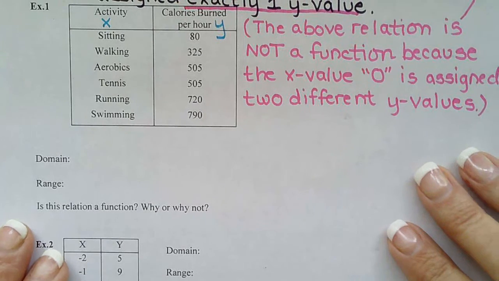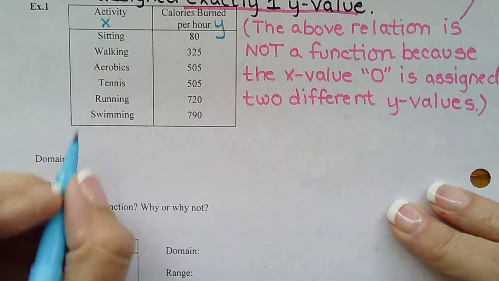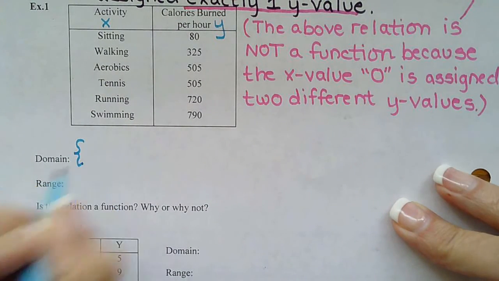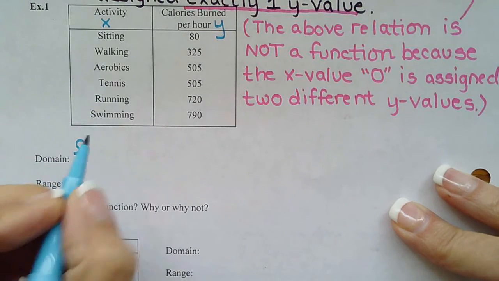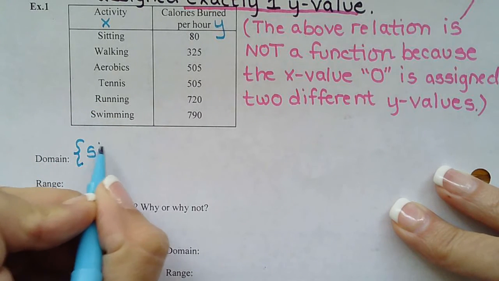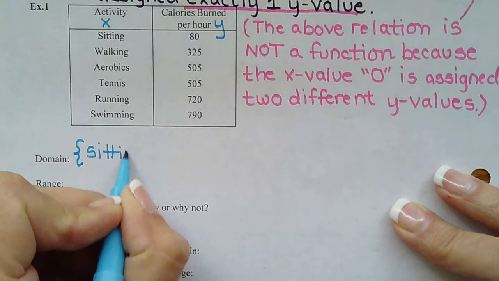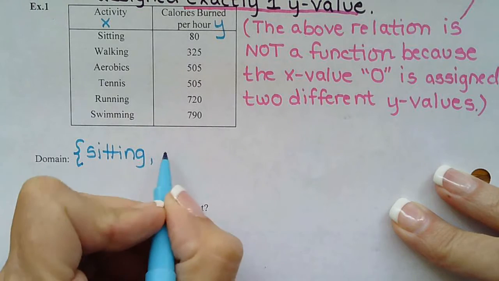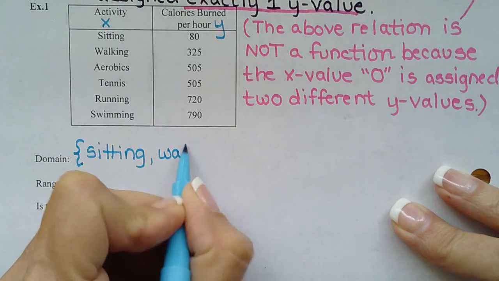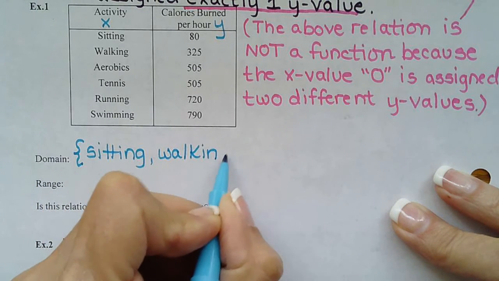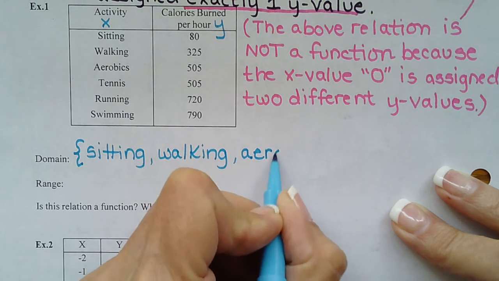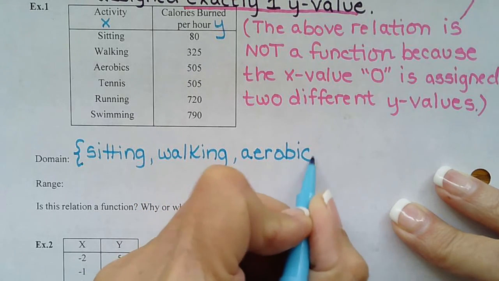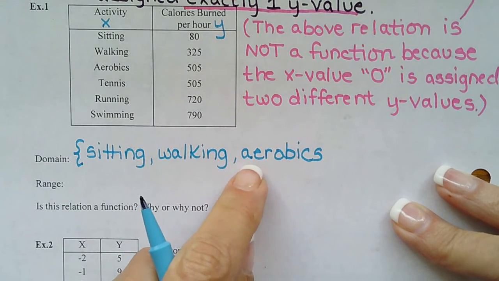So because the above says the domain are the set of X values, we put our set symbols and see if anything's repeated. Nope. So we just write our elements of our X with commas in between. So sitting, walking, aerobics, did I spell that right?